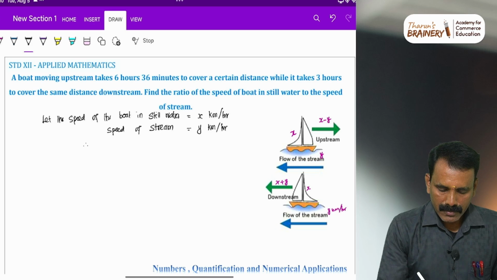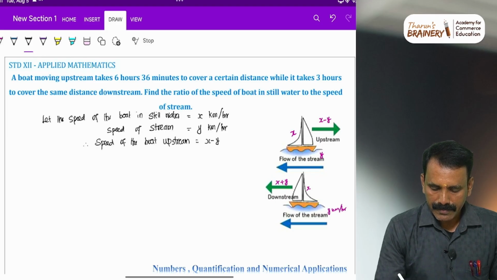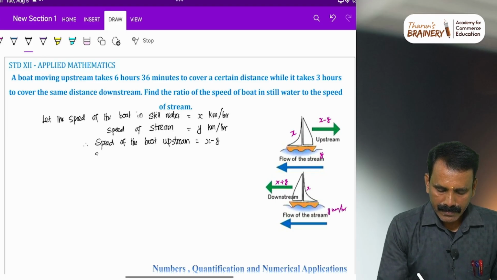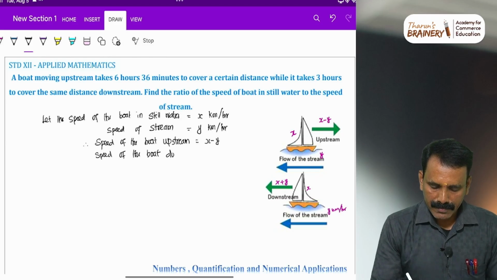So the speed of the boat for upstream travel is x minus y. The speed of the boat for downstream is taken as x plus y kilometer per hour.